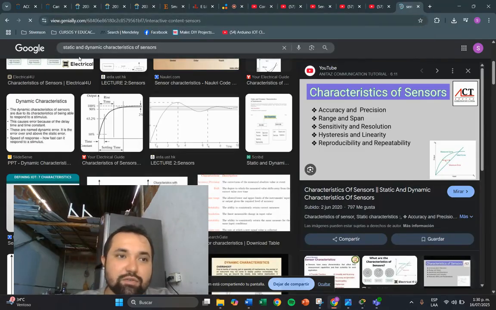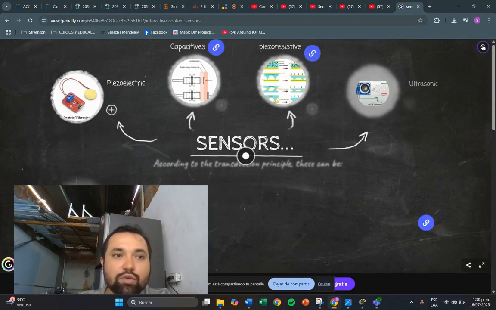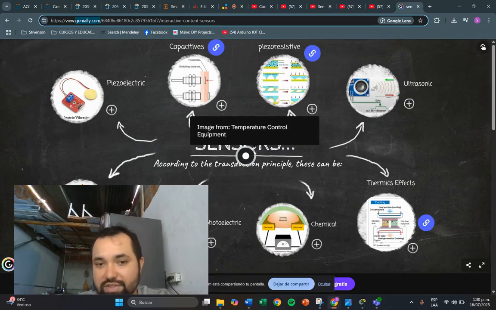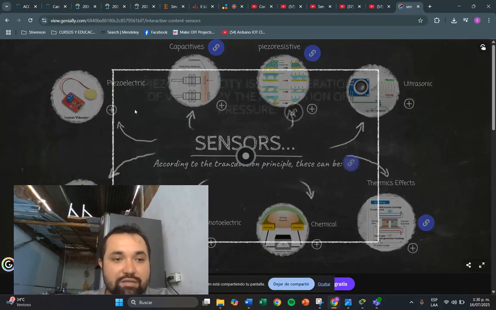This presentation is interactive, is dynamic, and was made in genially.com. You will see the different kinds of sensors according to the transduction principle: piezoelectric, capacitive sensors, piezoresistive sensors, ultrasonic sensors, thermal sensors, chemical, and photoelectric and magnetic transduction, and different interactive points.